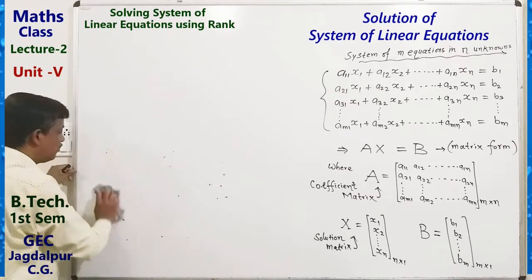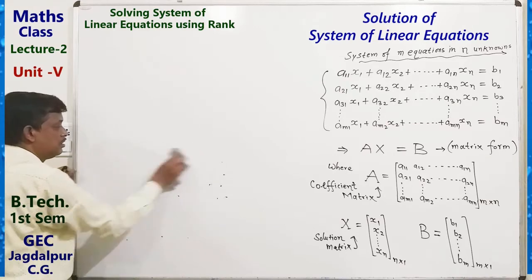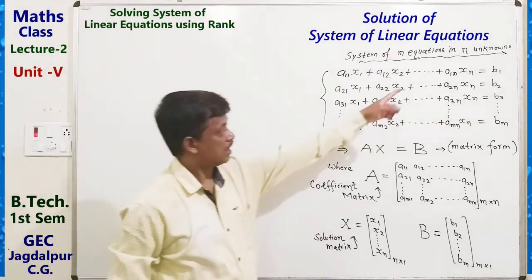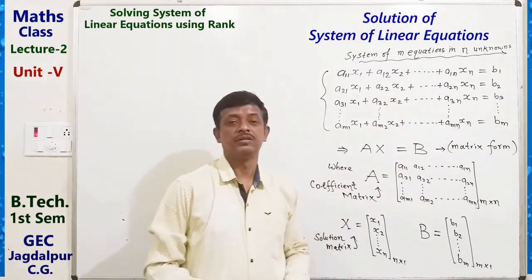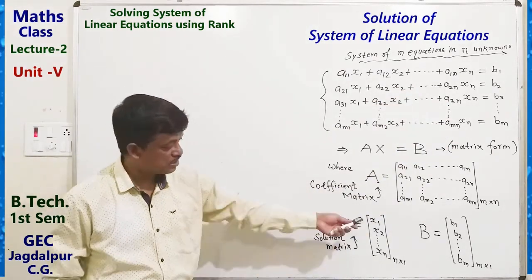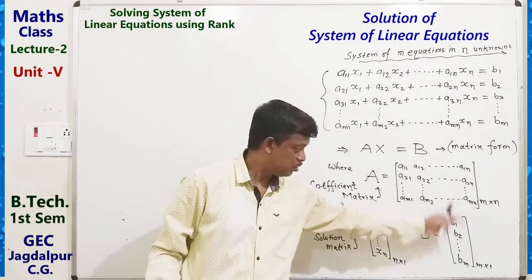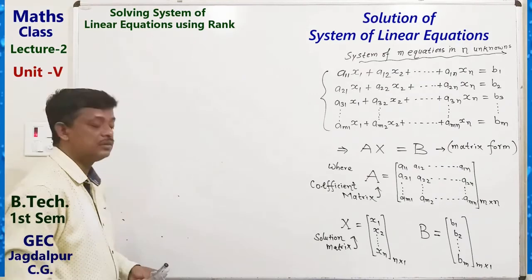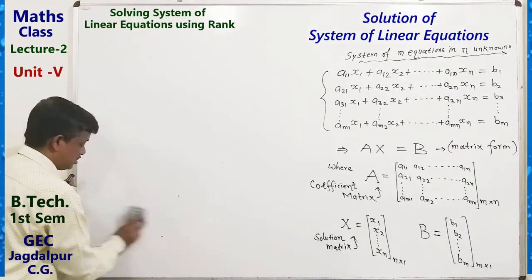A system of equations may be homogeneous or non-homogeneous. Non-homogeneous equation means the right hand side has some values, that is, b is not 0. If b is a 0 matrix, that is, the right hand side is 0, then we say homogeneous equation.